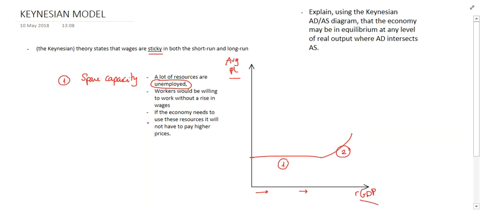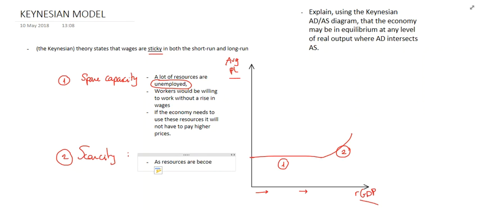And that's why region 2 is categorized by scarcity. And the explanation for this area is that as resources are becoming scarce, their price starts getting higher.